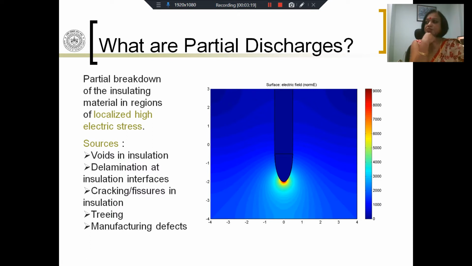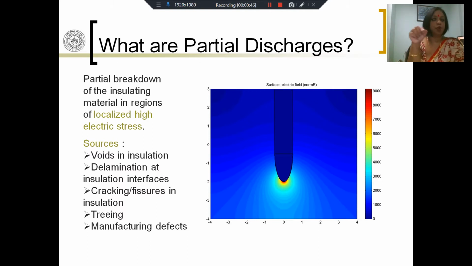Let me remind you that when partial discharges happen in the open air, we generally call it corona. So when we are talking about transmission lines, we talk about corona. But corona is also partial discharge. We talk about partial discharge more in the context of small partial discharges happening inside a solid material. There might be gas inclusions or other things.